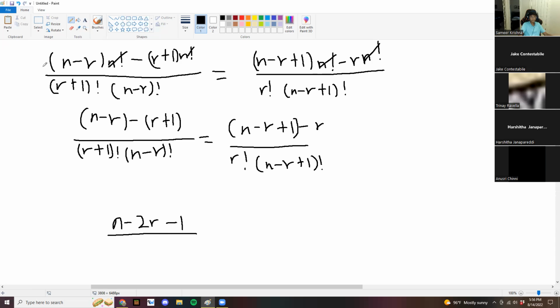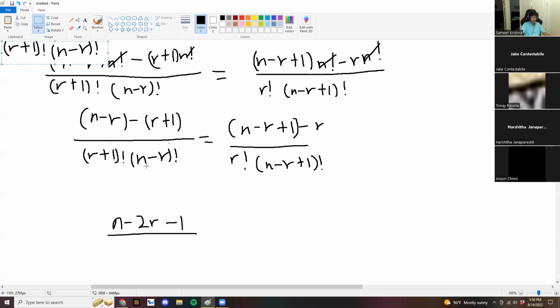over, and this one is copying it. n choose this, and equals 2.